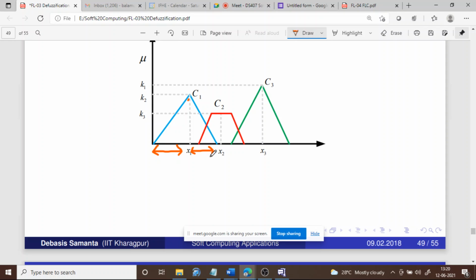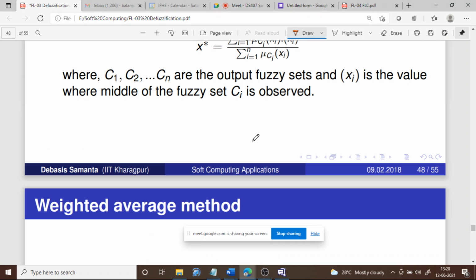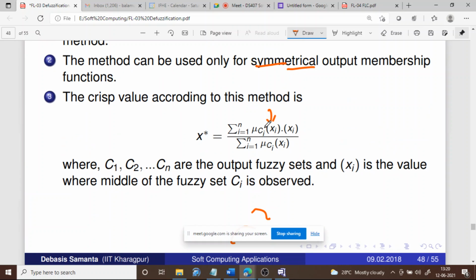Similarly, this function behaves in a similar way to the left of x2 and to the right of x2, and this one also behaves in the same way to the left and right of x3. Such membership functions are called symmetric membership functions, and only for symmetric membership functions is this weighted average technique applicable.